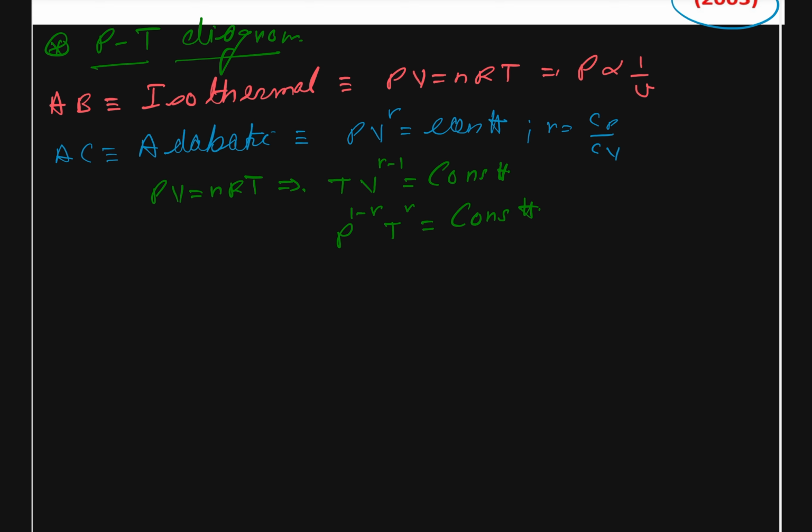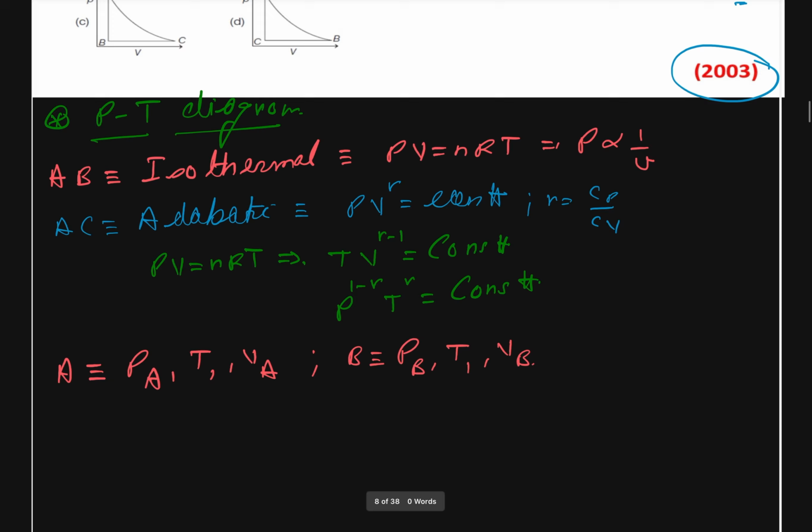So let us say that we have our point A, and for point A we have pressure PA, temperature T1, and volume VA, and we have our point B, and pressure is PB, temperature T1, and volume is VB. Okay, and A to B is isothermal.